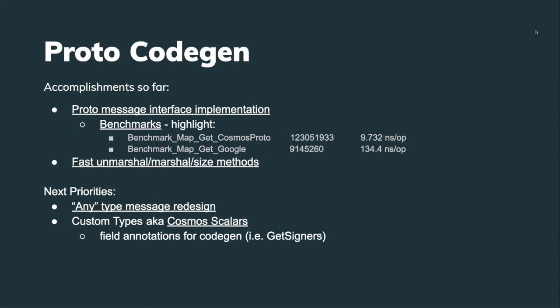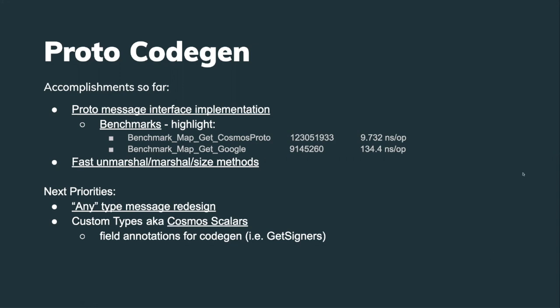The reason for doing this is because GoGo Proto is no longer being maintained, and that kind of came at the same time as Google announcing a new API. And this API exposed an interface for us to implement, which allows us to make way faster calls on top of proto messages. And this saw improvements in the range of like 10 to 100x speedups.